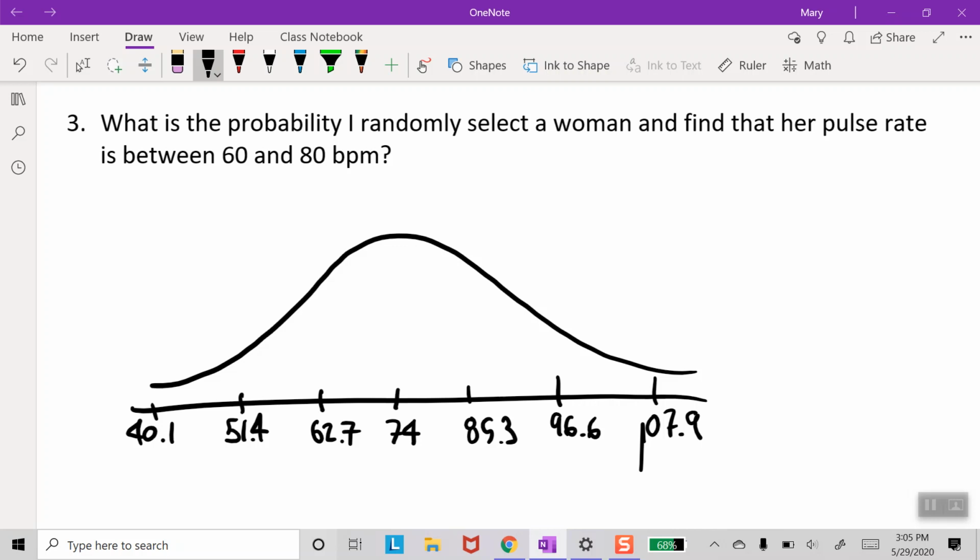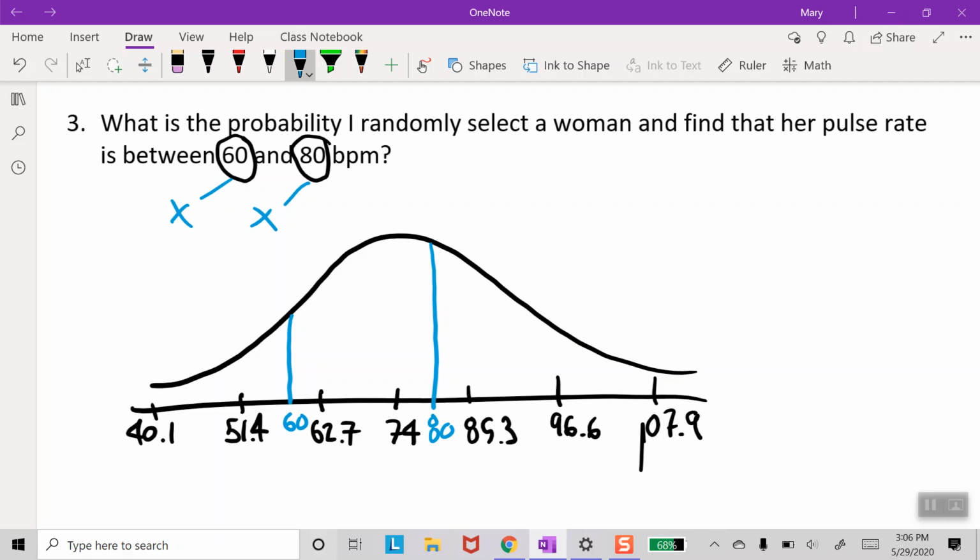So let's see. So I have that set up. So now I notice it gave me two values here, 60 and 80. These are two different values of x I'm curious about. So let me get them on the graph. 60 would be, looks like about right here. 80, we did that before, it's about right there.